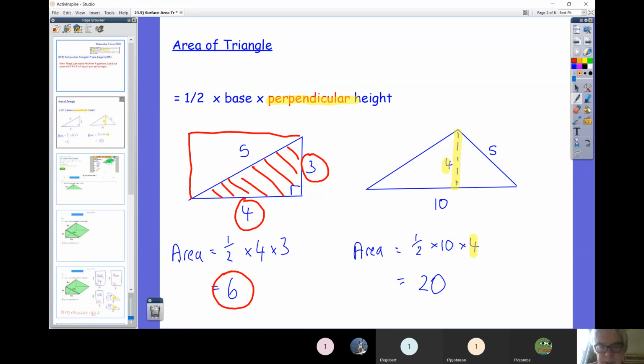However, if you've got a more complicated triangle like the one over here on the right, then remember that the height that you're interested in is the perpendicular height. It's the height straight up. So the complete formula for a triangle is half times base times perpendicular height. Over here, the perpendicular height is just the 3.